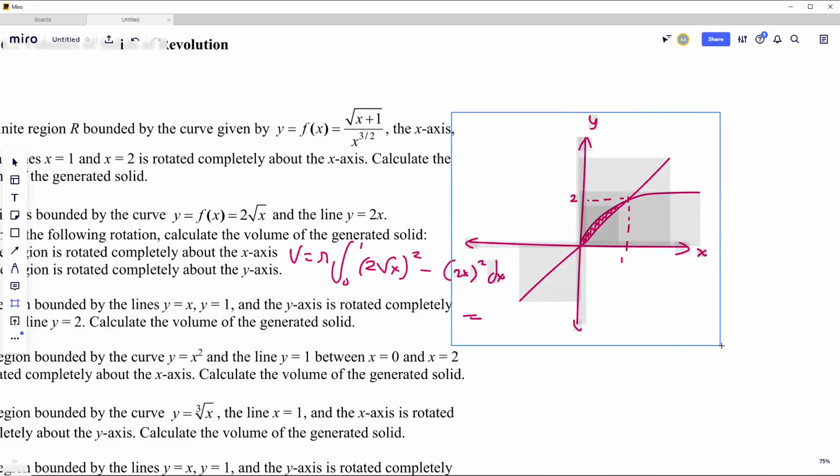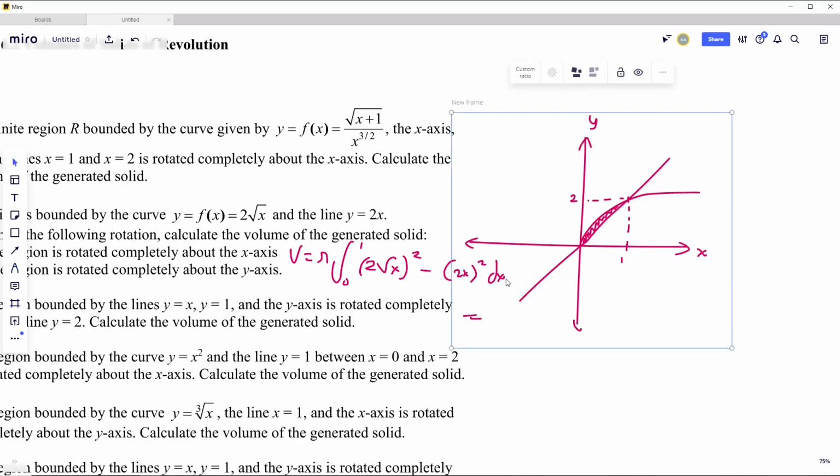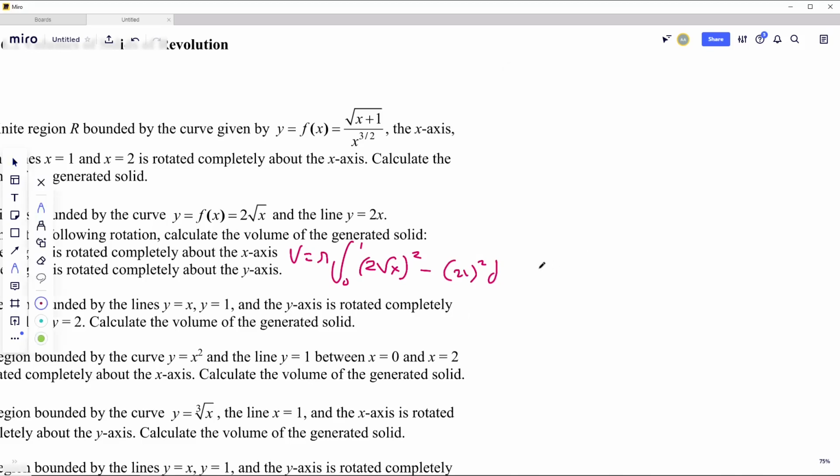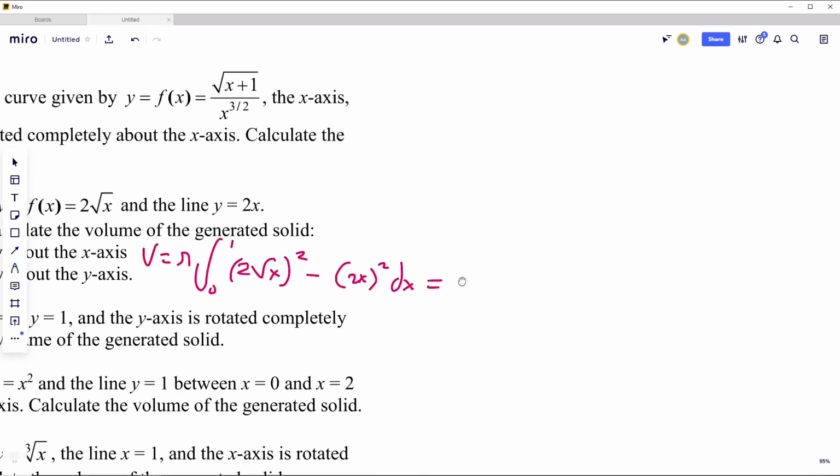I'm going to erase the graph. Okay, just have to fix this. Anyways, let's go.